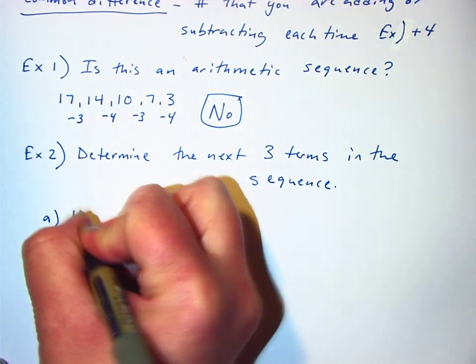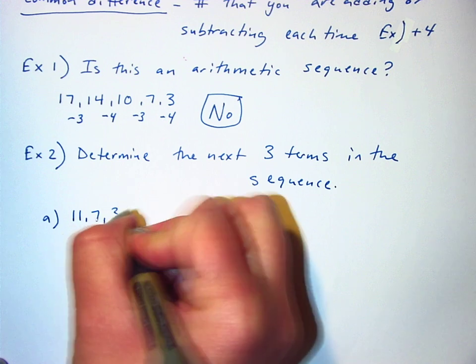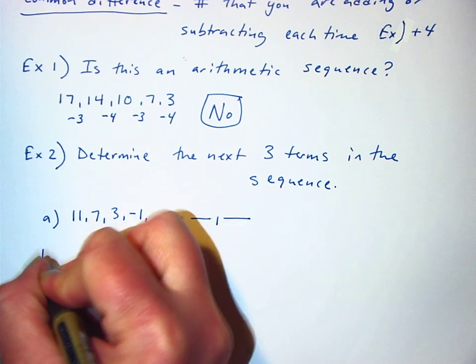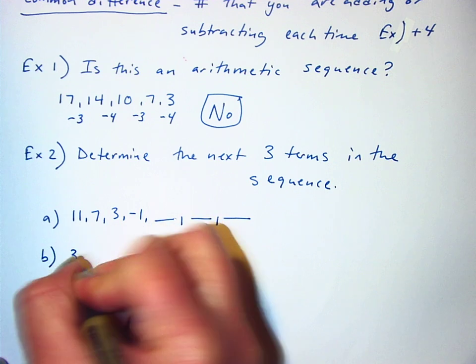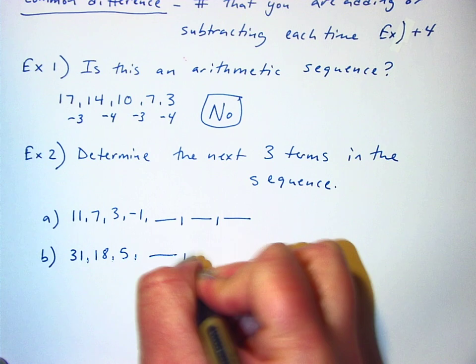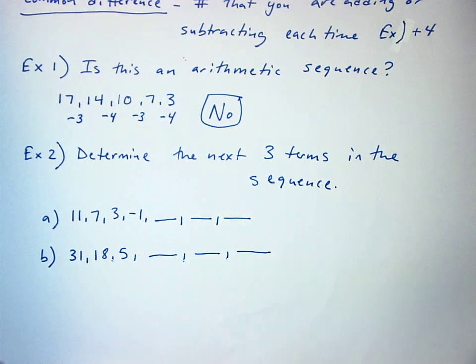The first one is 11, 7, 3, -1, and then three things that you have to figure out. Next one is 31, 18, 5, something, something, something. Okay, this is an example that you should be doing yourself, so please pause the video and try it yourself. Grab a piece of paper if you haven't already, and give it a shot. I'll wait.